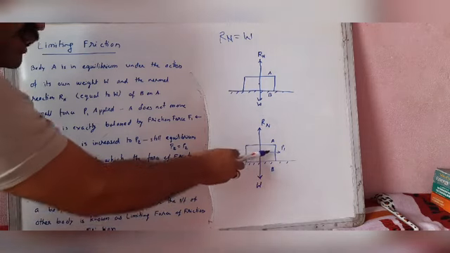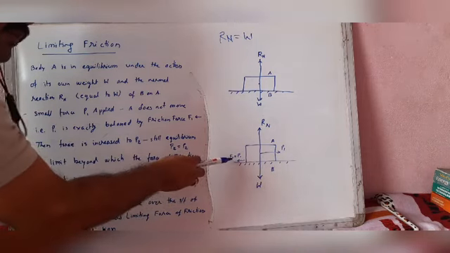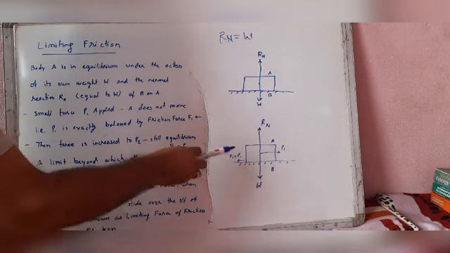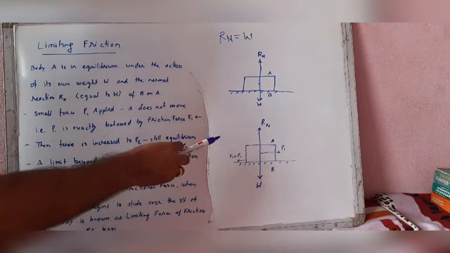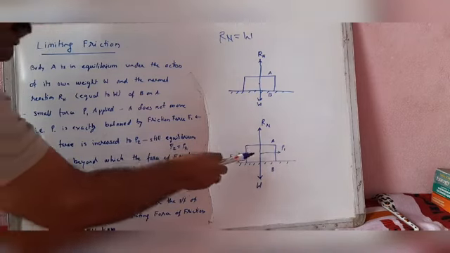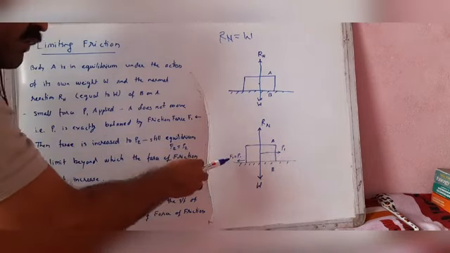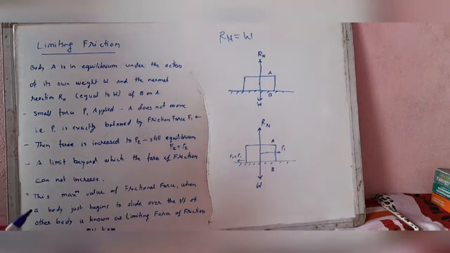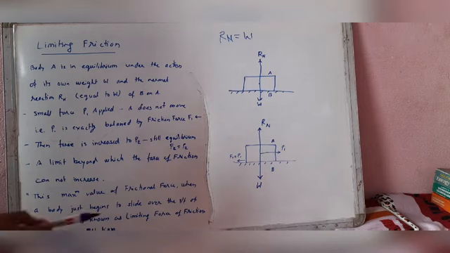As we keep increasing force P, the friction force increases, but after the limit is reached, the friction force cannot increase any further. Any increase in applied effort will not lead to any further increase in the frictional force.